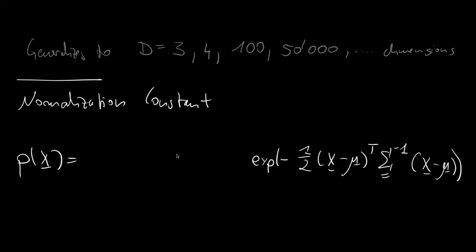And for the normalization, recall for the univariate case we had 1 over the square root of sigma squared 2 pi. And we should keep the 2 pi. If you watch the video on the derivation for the normalization constant, you see that this is kind of natural, but we have to raise it to the power of d, because we are now in higher dimensions, and then this constant appears multiple times, so raised to the power of d.